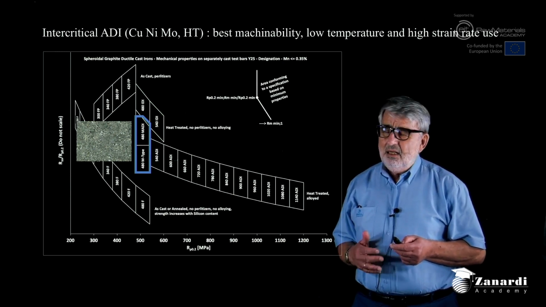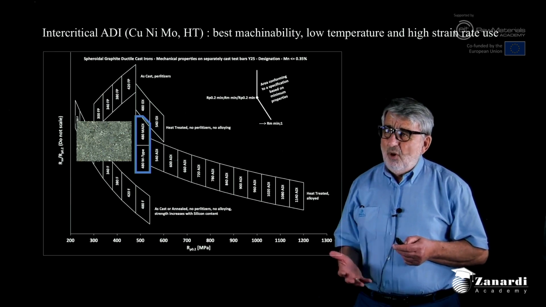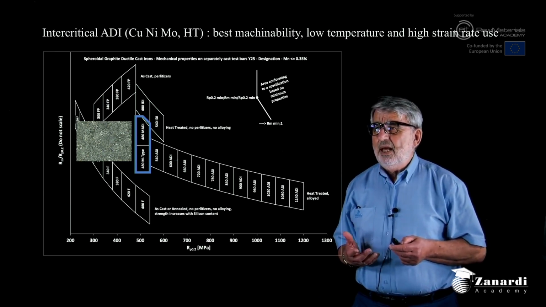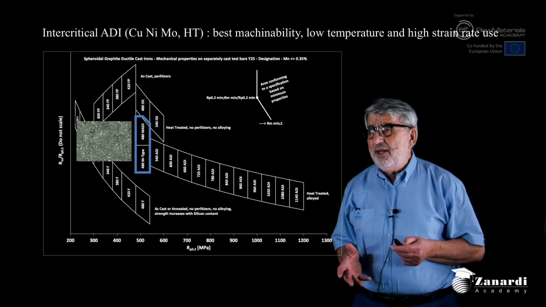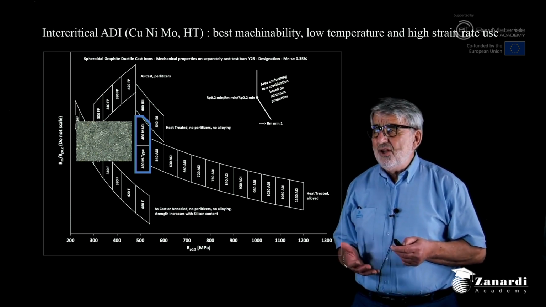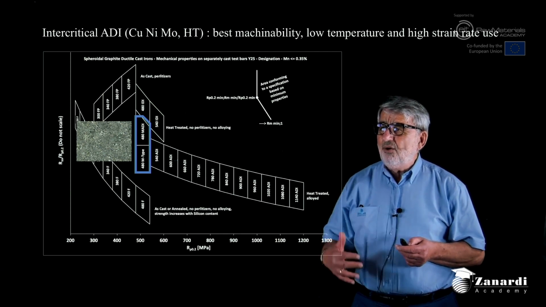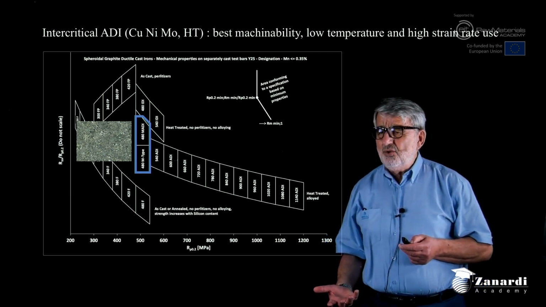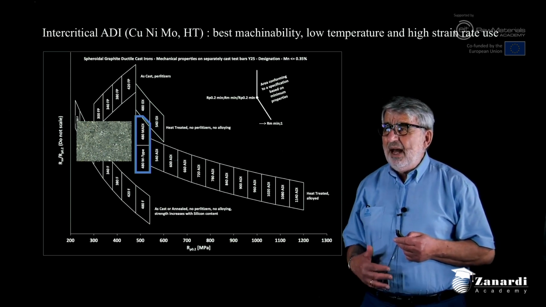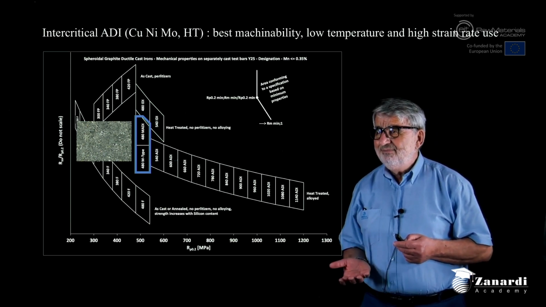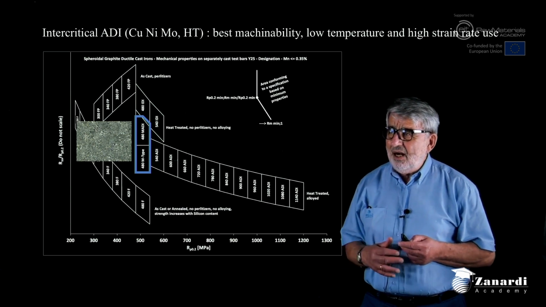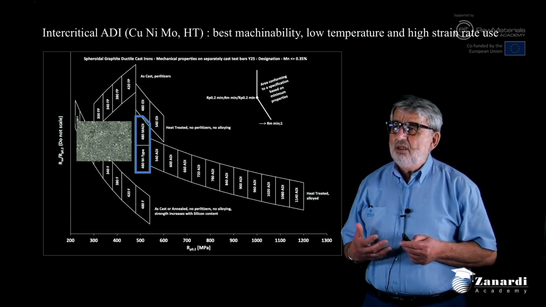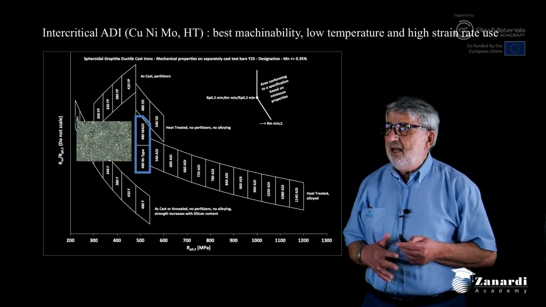These are the most machinable grades. They require significant alloying because we are obliged to use a low intercritical austenitizing temperature, and so we need to achieve quenchability by adding alloying. But these are the most machinable grades of ADI.